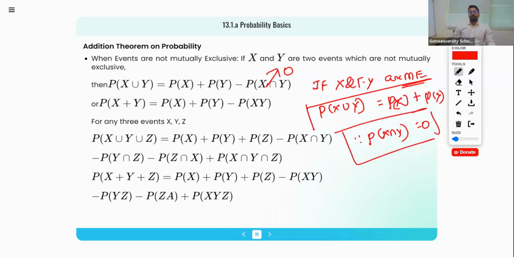I know this is too many concepts, but we have not started the class yet. We are only recollecting what we learned in the 11th standard.